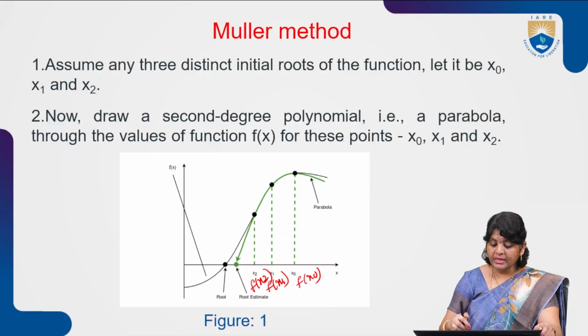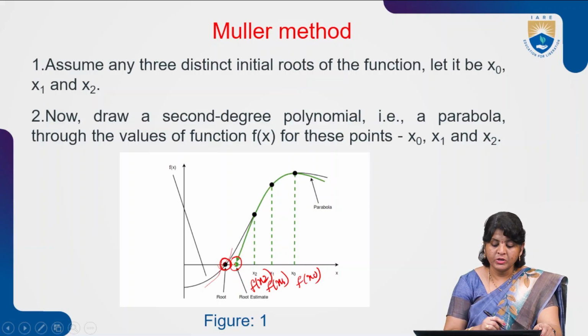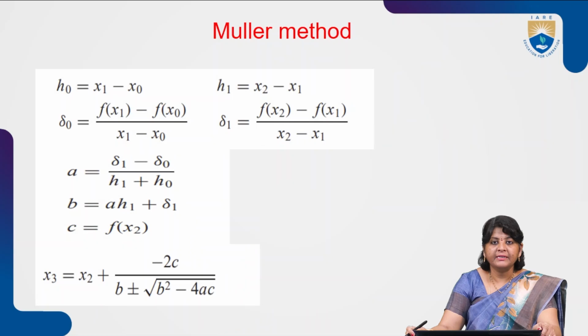Wherever this parabola touches the x-axis, that is the root estimation, the next approximation value. So initially x0, x1, x2 are taken and the function values are calculated. With these 3 initial guesses, we will find the root estimation and then finally approach the approximate root value. For Muller's method, some standard equations are there.